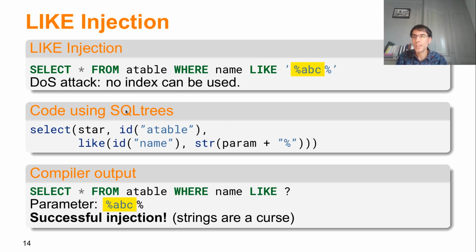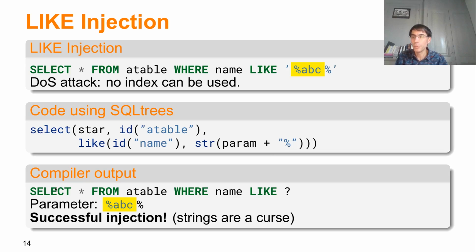If you code this using SQL trees, you would write the query select with argument star, the table, and the operator like applied to the identifier name and to the literal string built from your parameter plus the percent sign.